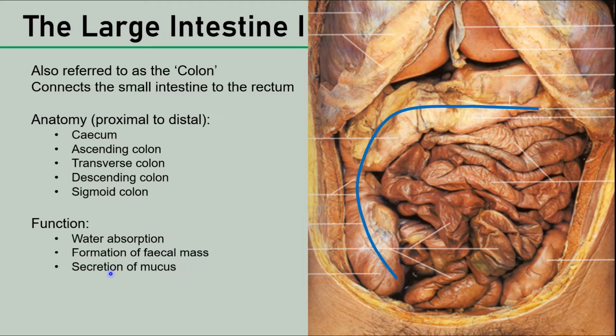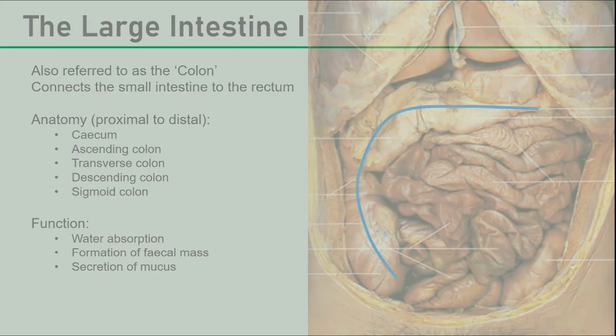It also secretes mucus, which enables the pushing of poop as it makes its way through our gastrointestinal tract, because we absorb so much of the water that it's quite dry and it would be incredibly difficult to push and probably very painful as well.